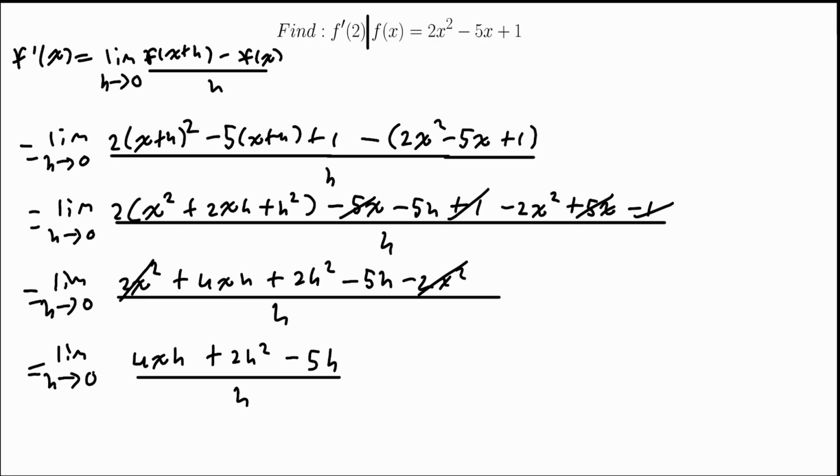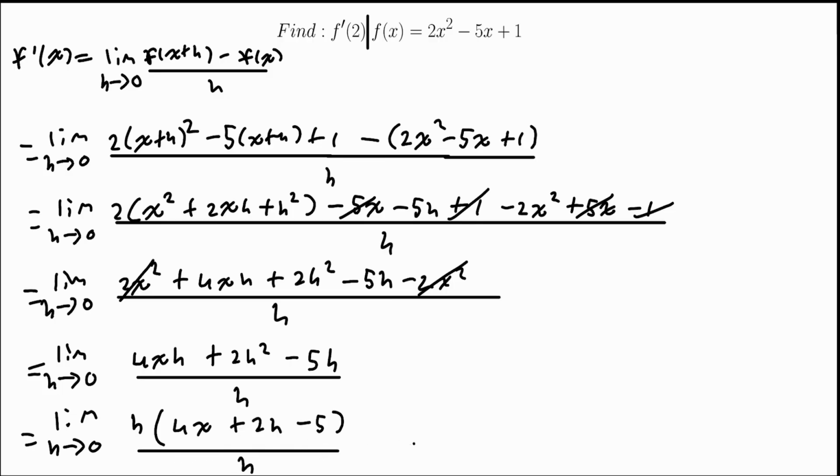And what we can notice is that we can factor out an h. So this will be equal to the limit as h approaches 0 of h times (4x plus 2h minus 5) all over h. And I'm going to write this over here. And as we'll notice, the h's will cancel out.